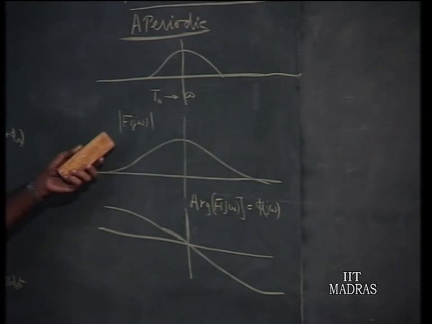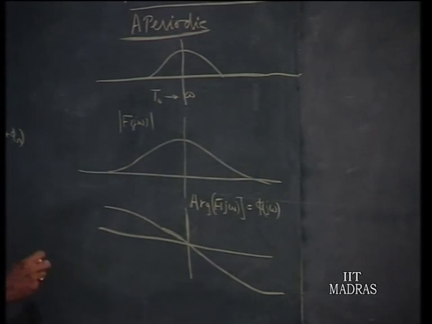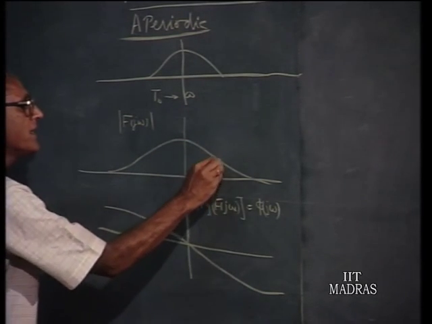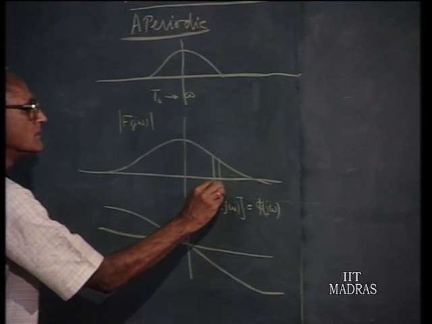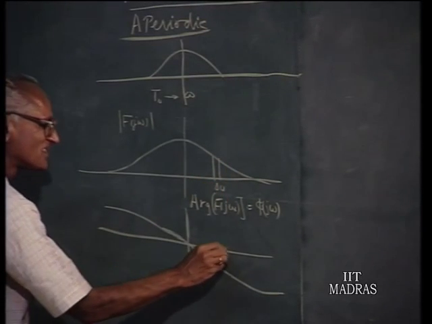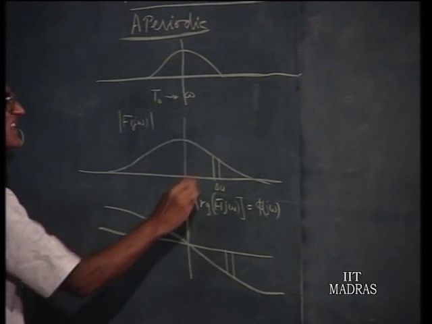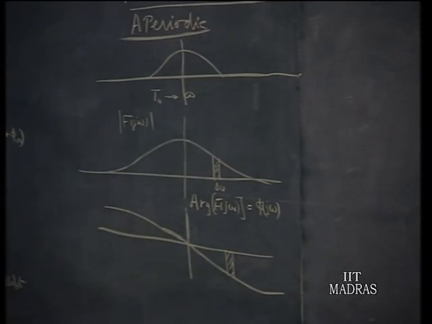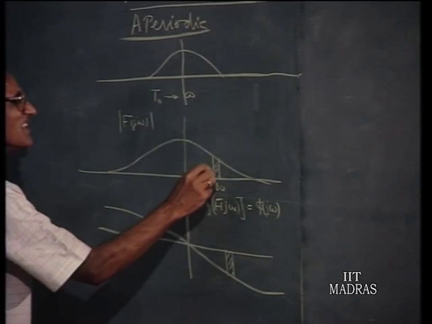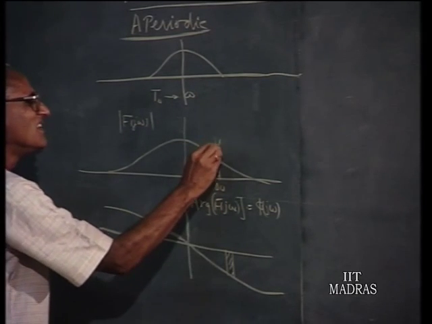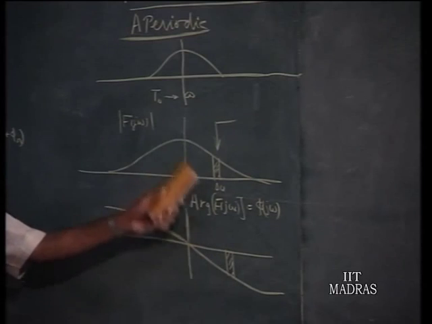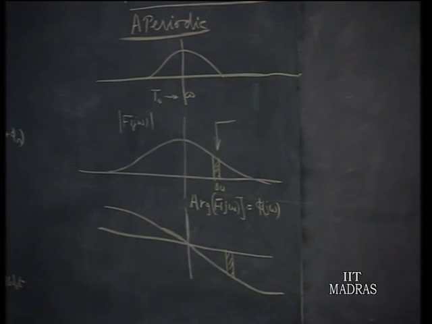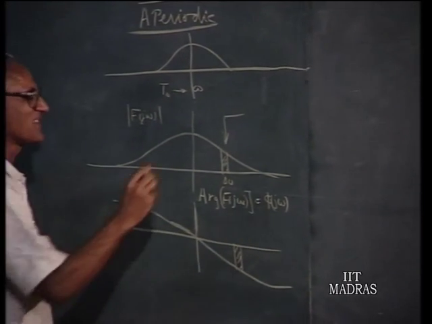Now, we said this coefficient density, what does that really mean? If you take any small interval delta omega, this slice of the two spectra, the magnitude spectrum and the phase spectrum together, will imply a constituent of your f of t. What is that function?